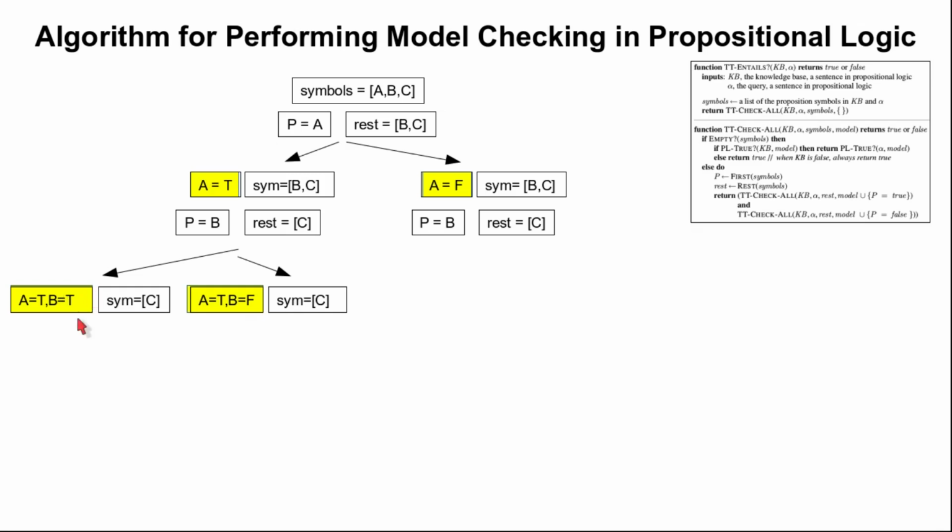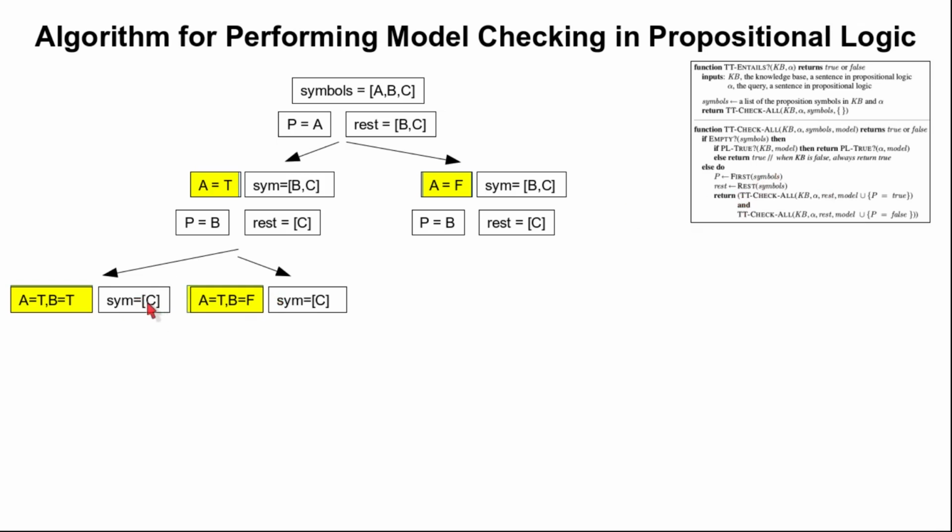Now we call this recursive call again, and now we have to perform this function for this call. So first thing we do is check whether symbol is empty or not. Symbol is not empty, it has the element c. If it is so, then I'll go to the else part, and from this list of symbol I will take the first symbol.